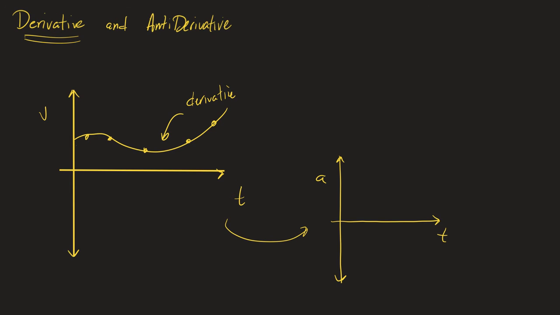It tells me the slopes. So the derivative of a velocity function will tell me the acceleration function. Because that's what we did.